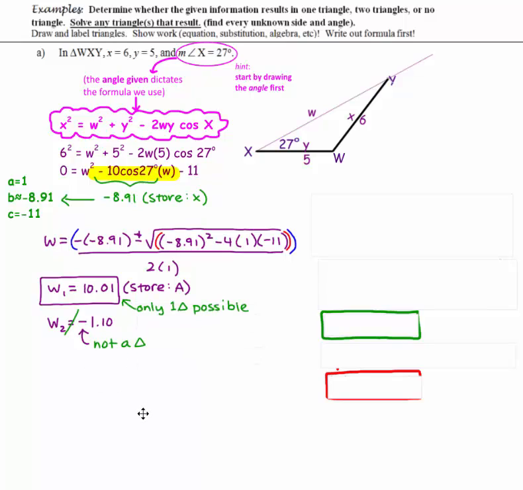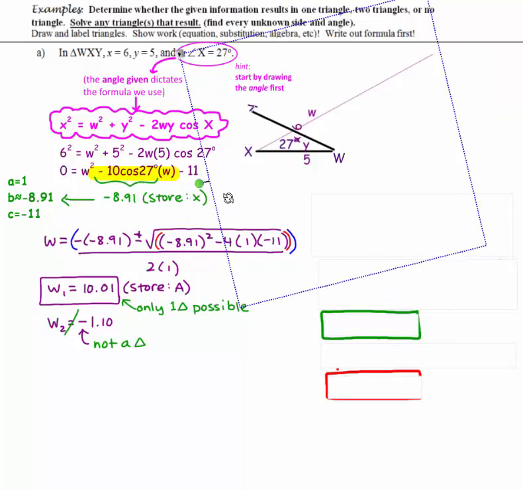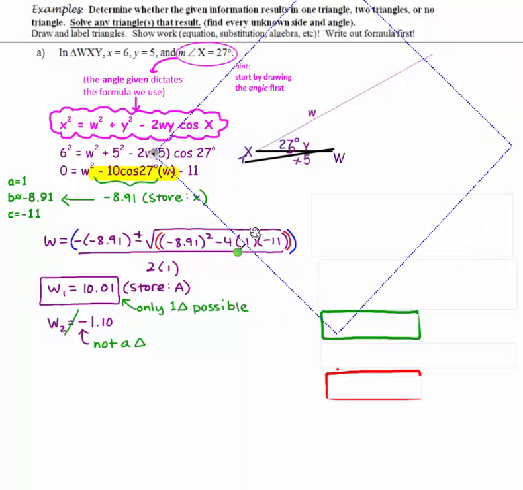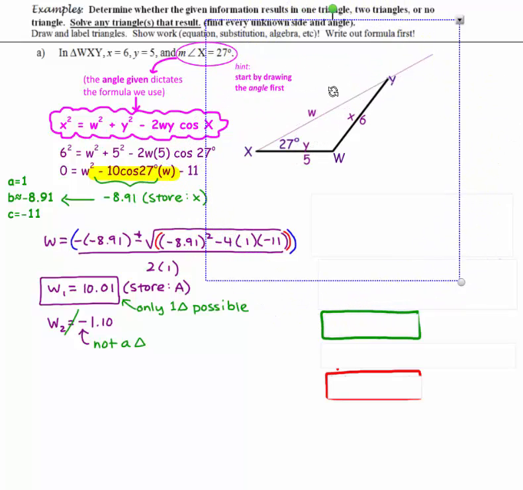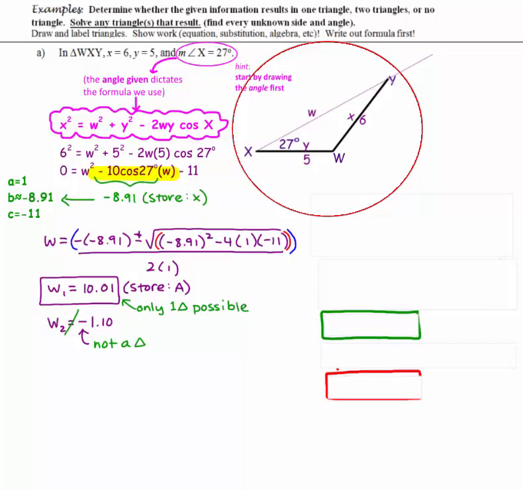So the only answer we're going to use is the 10.01. What's happening with the negative 1 is, remember, I circled this around, so the negative 1 is actually out here. So it still uses all of the information, it's just kind of rotating backwards, so it doesn't really exist as a triangle. So the only triangle that exists is this one that we started with.